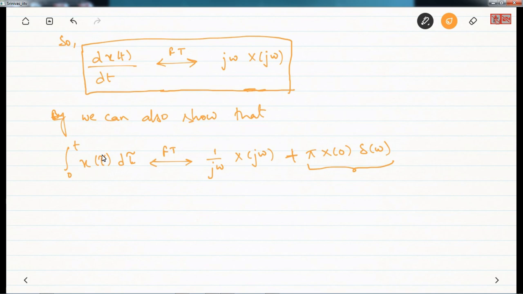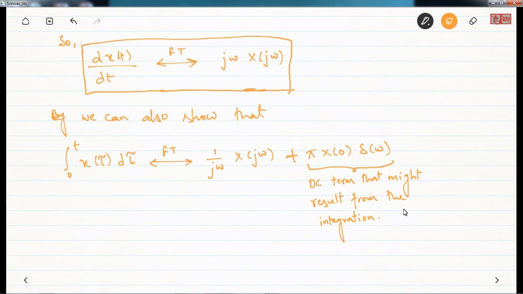So this term caters to that DC term that might result from the integration. Right?